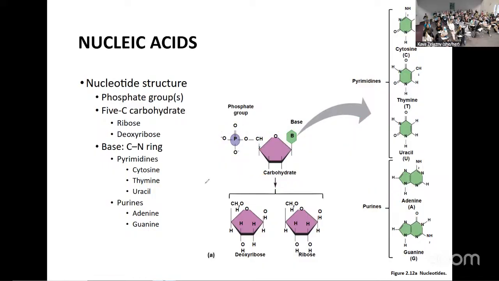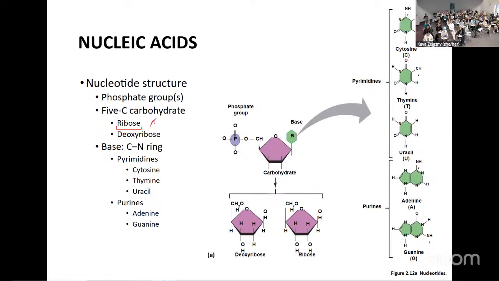When we're looking to tell whether we've got DNA or RNA, one of the things we can key in on, if we have the whole structure, is what type of carbohydrate we have. What is forming that ring structure at the center? RNA is made of ribose.